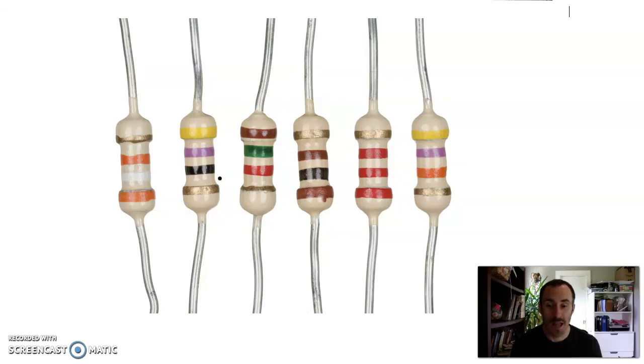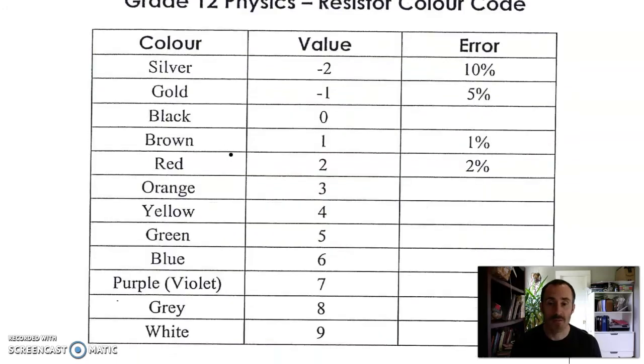Yellow, purple, black, gold. Each of those just corresponds to a number, and then that number may be some sort of scientific notation, and it may be a tolerance as well. Looking at this chart, yellow is 4, our first number, purple is 7, our second number, black is 0, and gold apparently is -1.